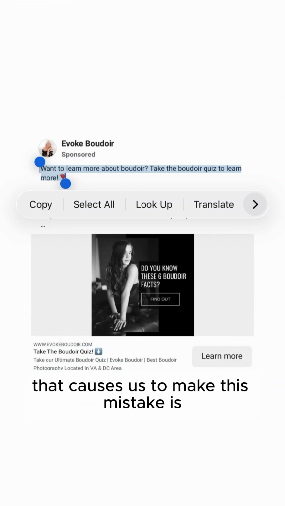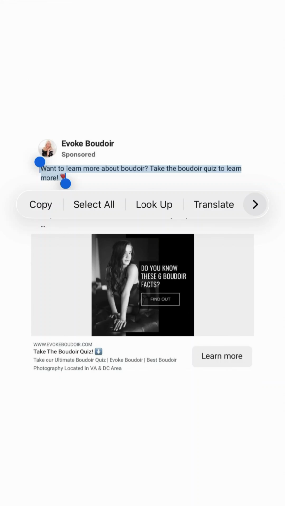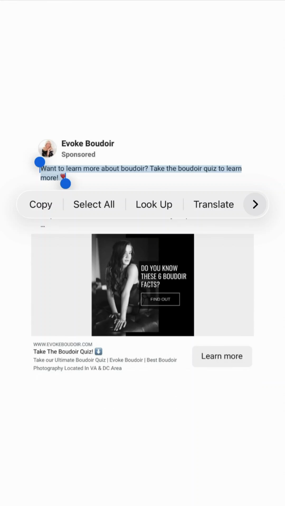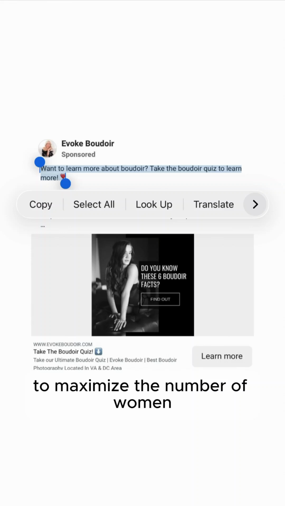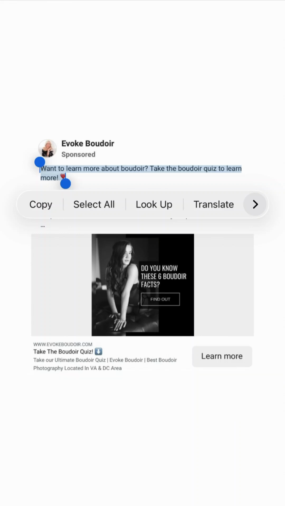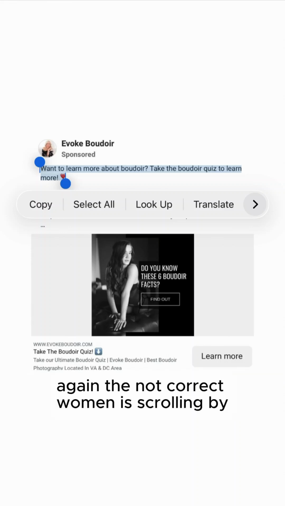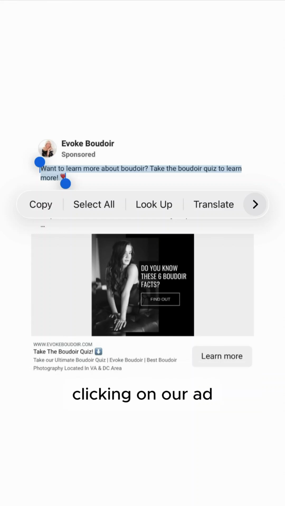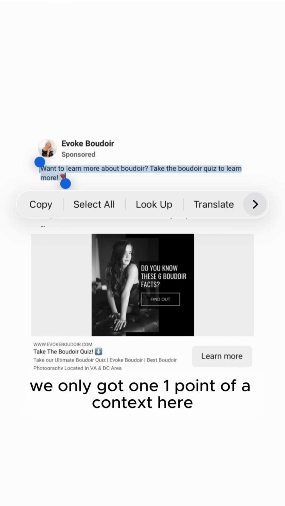The false belief that causes us to make this mistake is that we believe we have enough context to maximize the number of the right women clicking on our ad and getting the not-correct women to scroll on by. But we're not even maximizing the number of correct women clicking on our ad. We only got one point of context here.